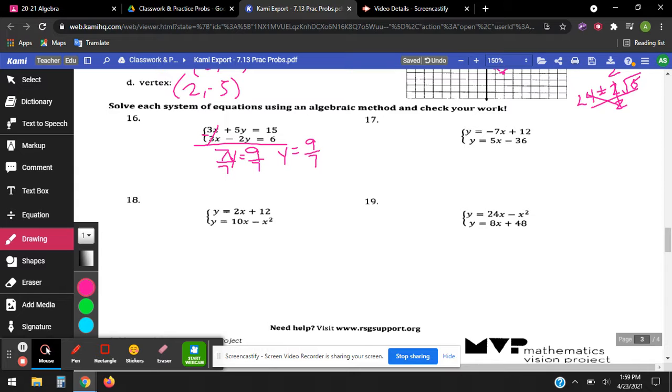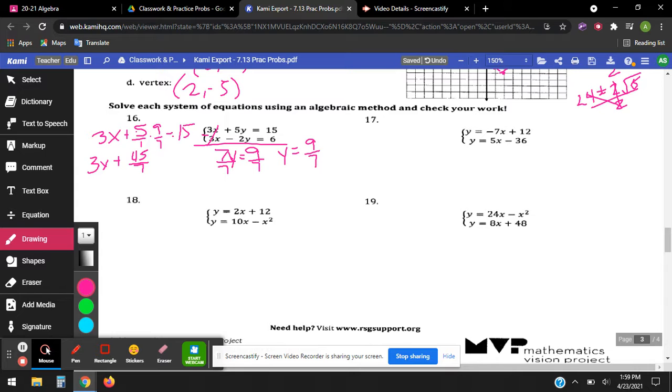So if I plug in 9/7 for y, let's see, 3x plus 5 times 9/7 equals 15. Oh, 45/7. I'm going to have to do some sort of decimal on here, aren't I?